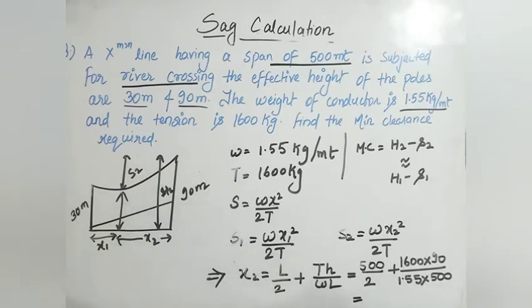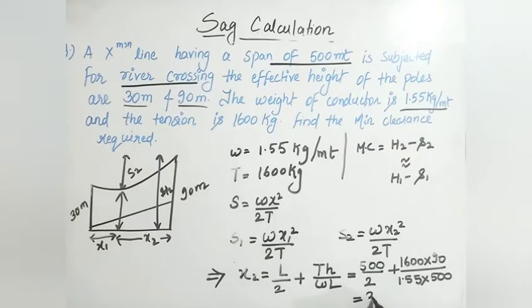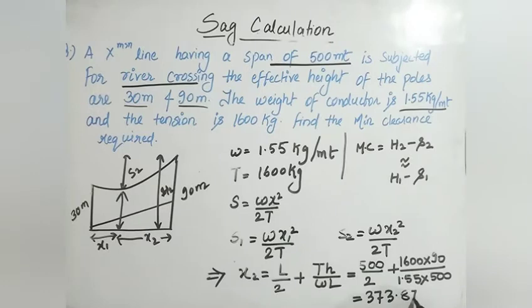So this will give you 373.871. x2 we got 373.871.